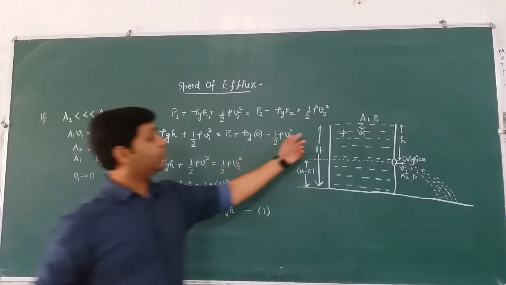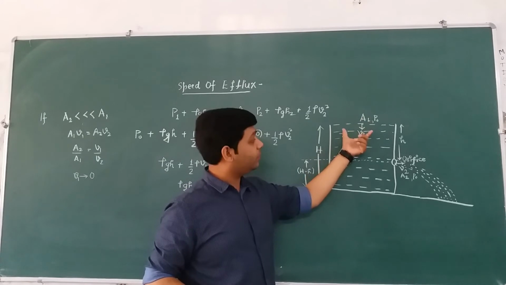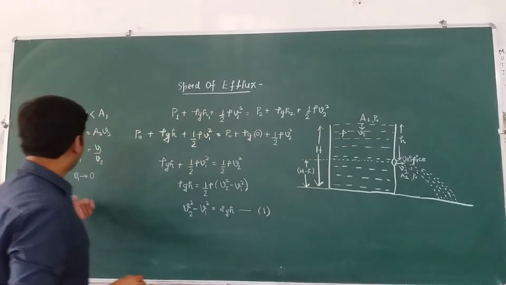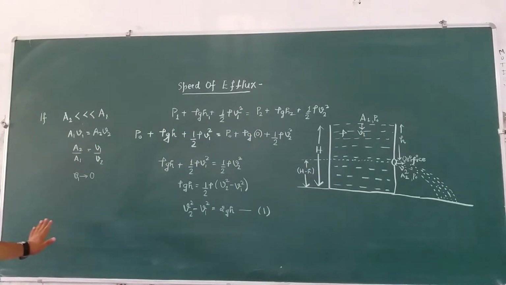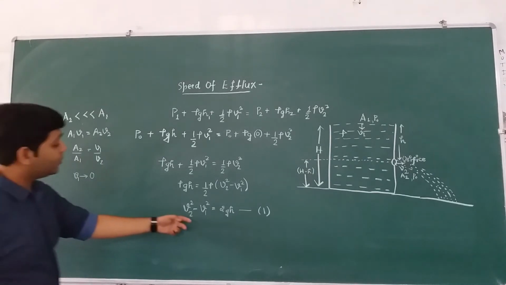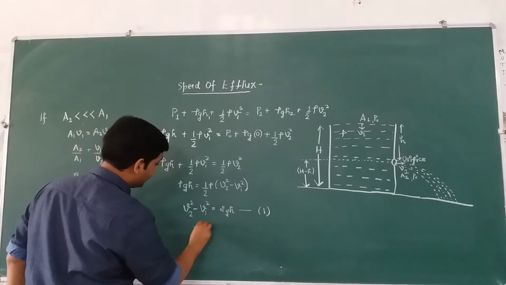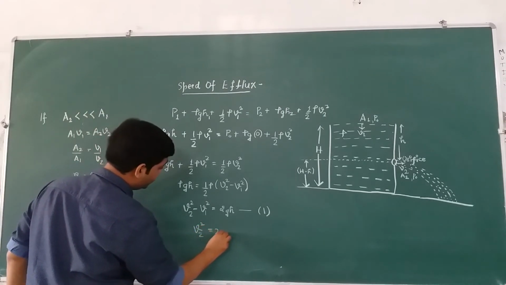That means the velocity with which the upper surface of the water or liquid comes down is negligible, or it tends to 0. So in the light of this assumption, equation number 1 modifies to V2 square is equal to 2gh.